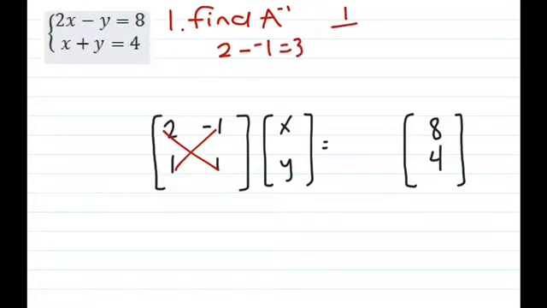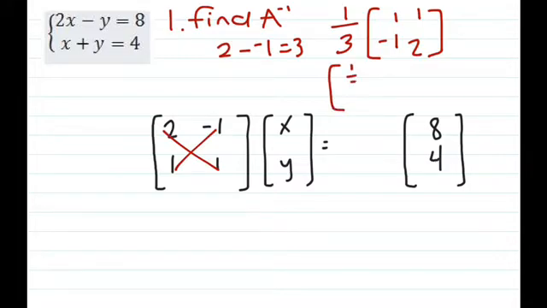So we're going to have 1 over 3 times, and then we switch that matrix around and change the signs on the others. And then we perform the multiplication. So we're going to get 1/3, 1/3, negative 1/3, and 2/3.